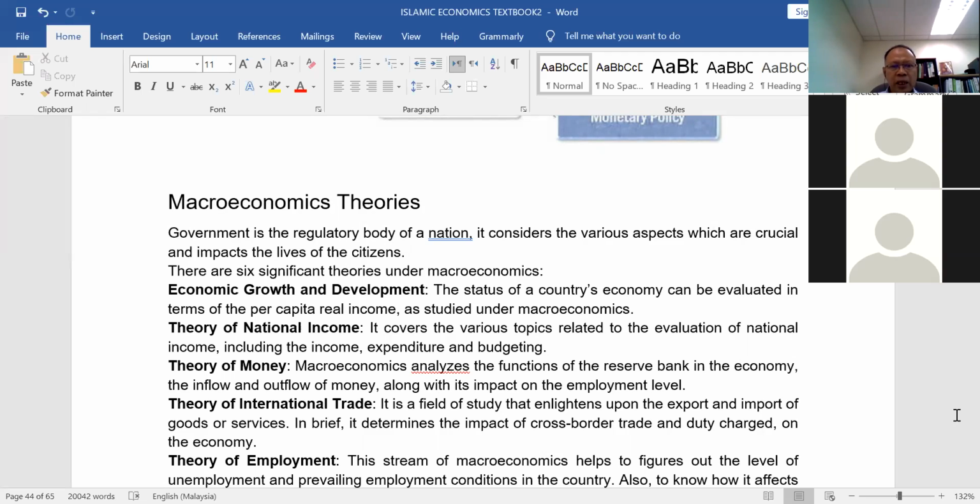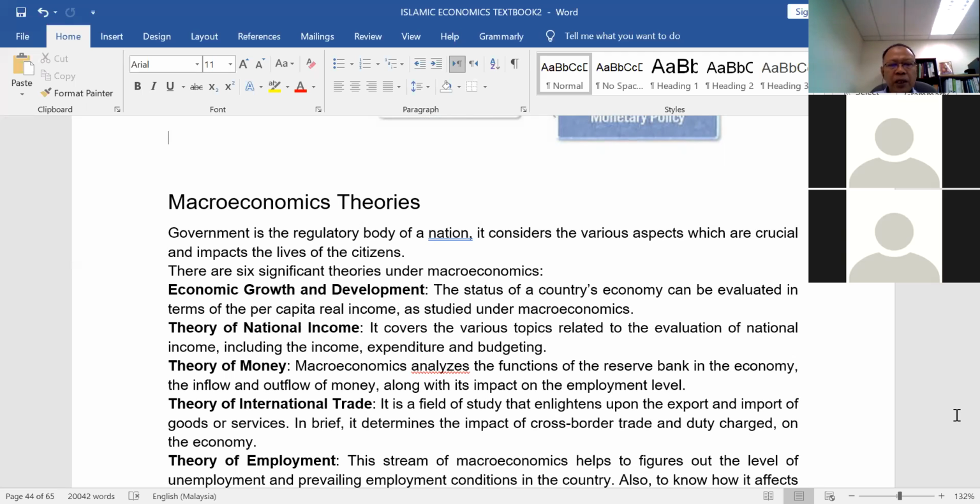Okay, we will study national income, GDP, GNP, and then also the theory of national income. It covers various topics related to national income, including national income, national expenditure or government expenditure, and budgeting, the government budget.